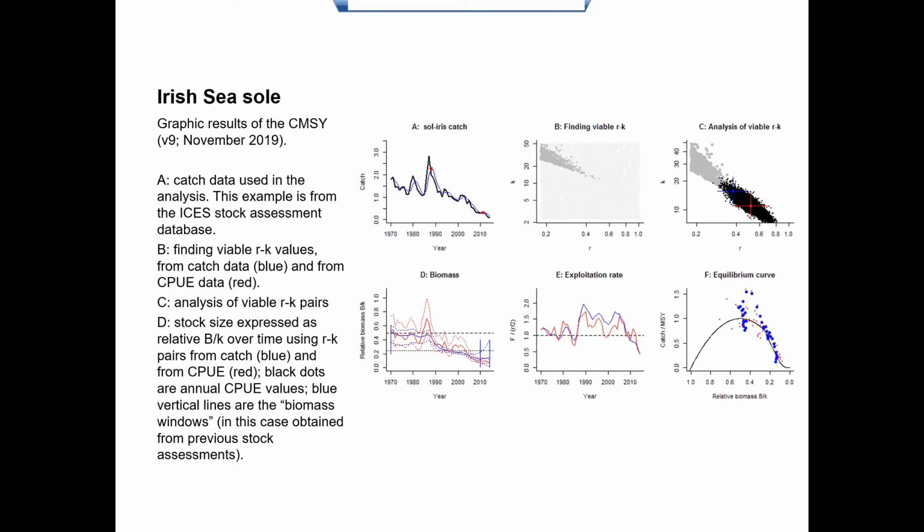Given the catch, given a choice of R and K, given the growth rate and the carrying capacity, and you do that 10,000 times. This method could not be used in the past because we could not calculate such time series 10,000 times, but now we can do it in 1 minute.